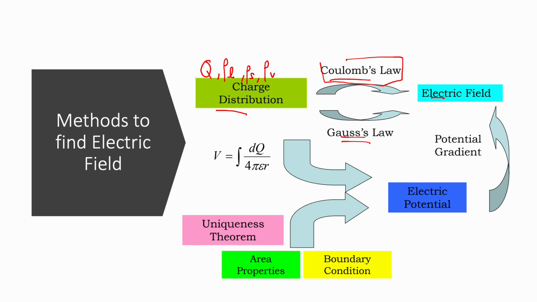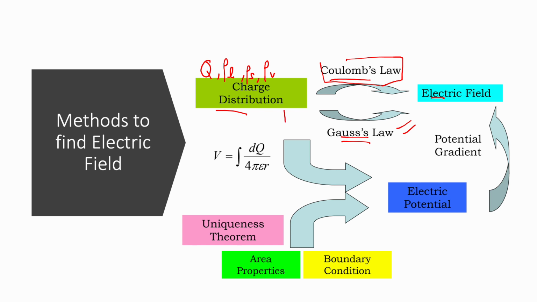But in order to use Gauss's law, there are conditions that you should identify. You have to make sure that the charge distribution is symmetric, that it is an infinite line or infinite surface, or that the structure is spherical.